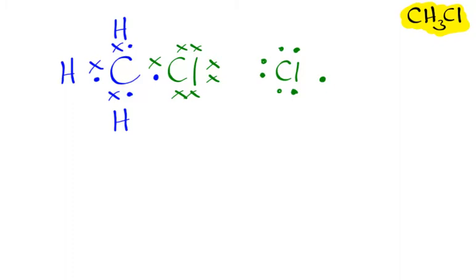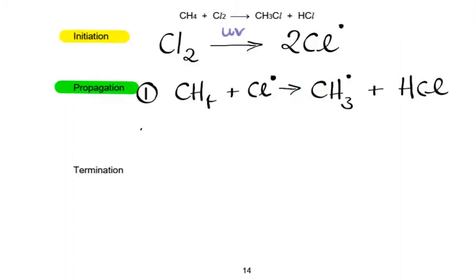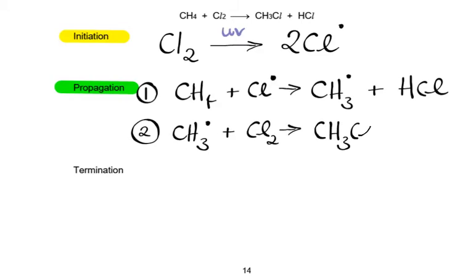And I'm sure you've noticed that this species also has an unpaired electron, so we've now created another chlorine radical. Let's go to the equation. So there we had the methyl radical reacting with chlorine, and this gave us chloromethane and our chlorine radical.